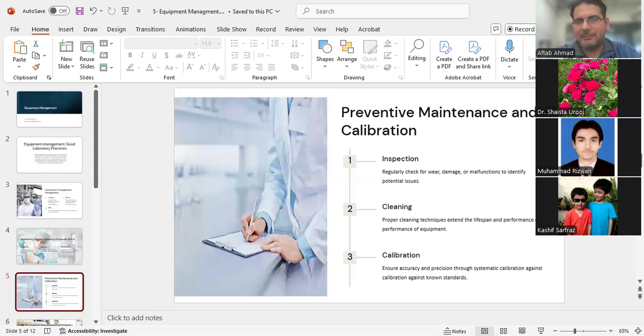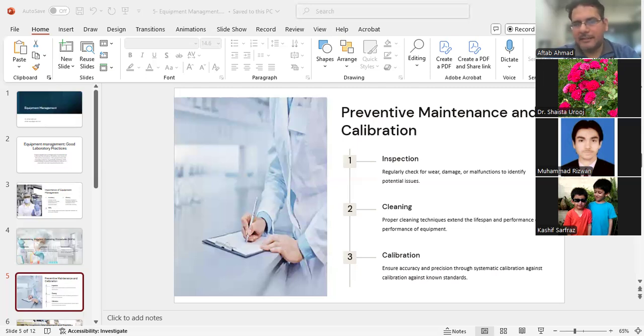Then the other important thing is you have to use the calibration. So after cleaning, for example, you have a pH meter and you have done the cleaning. For a pH meter, we have to do cleaning all the time. We should clean it with water, so we can remove all those chemicals that can affect the results. It can affect the pH of the next sample we are going to test.